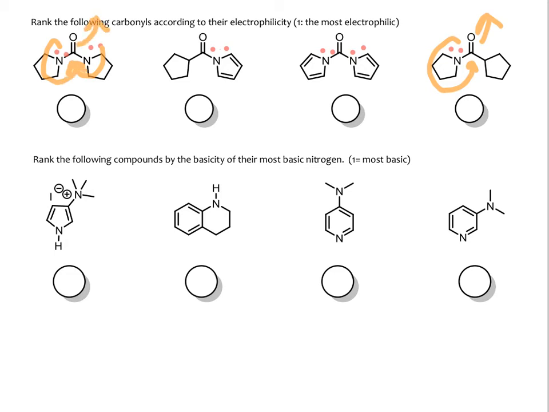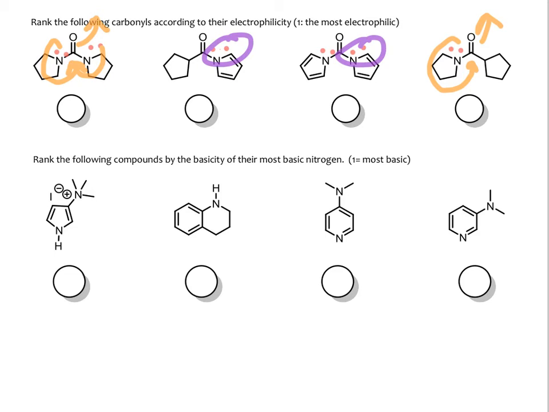The trick here is that these lone pairs will not donate into the carbonyl. Why? It's because they are contributing to the aromaticity of the 5-membered ring. So they will not donate into the carbonyl carbon.